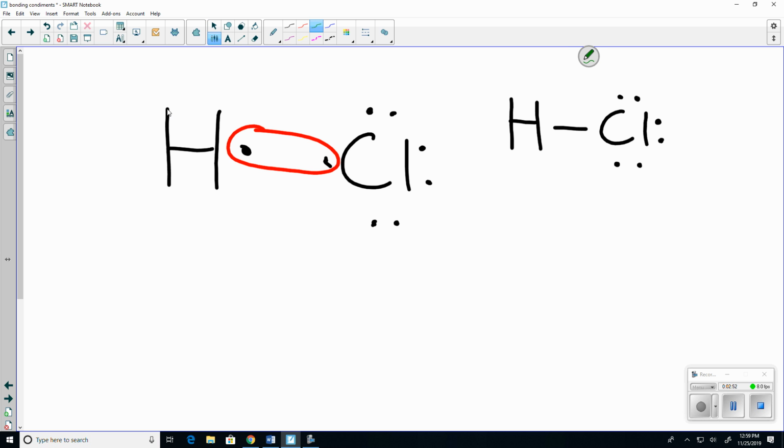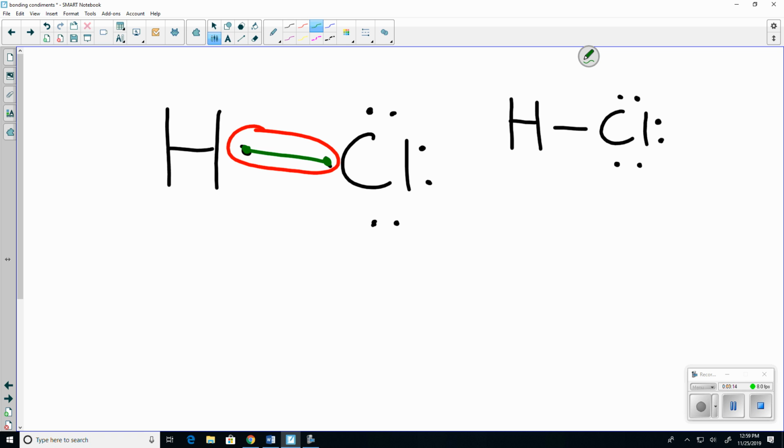Some people don't even do the circling. They just play connect the dots. Or they'll just draw the line right here. Because any line consists of 2 points connecting them. That line that I drew right here on the right-hand side of HCl is composed of 2 electrons being shared.